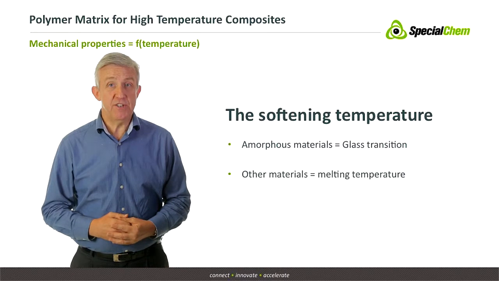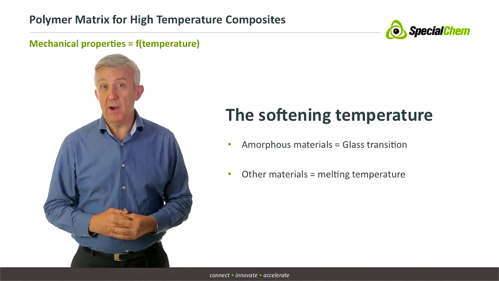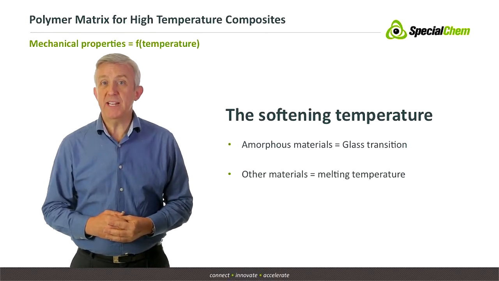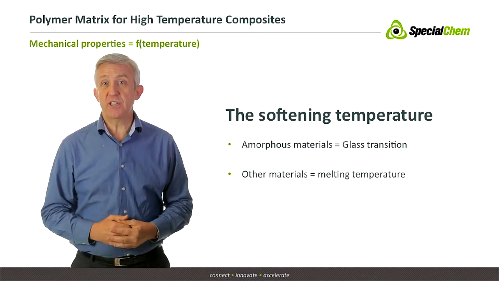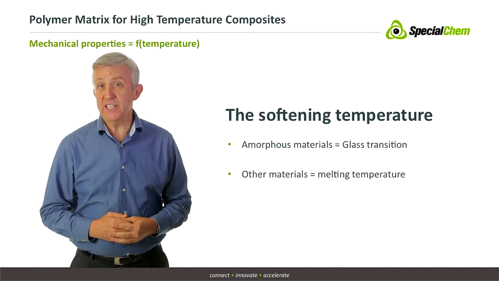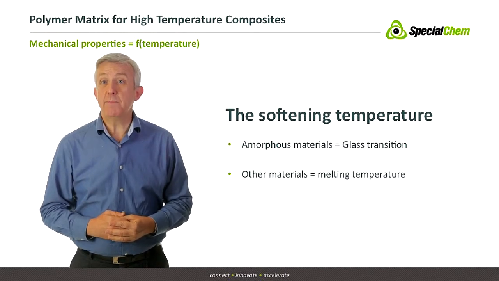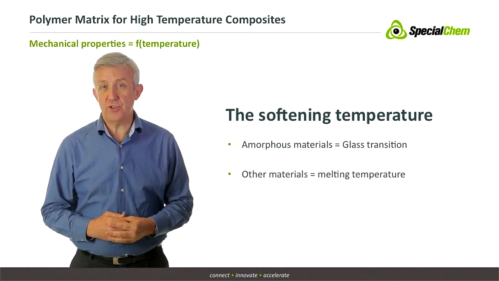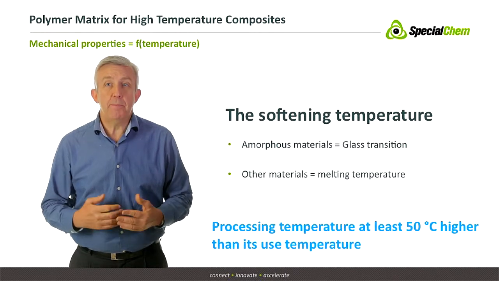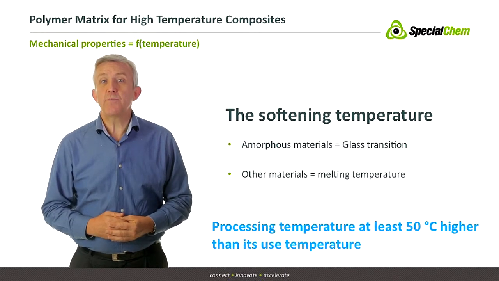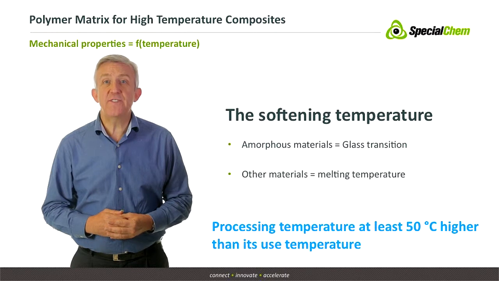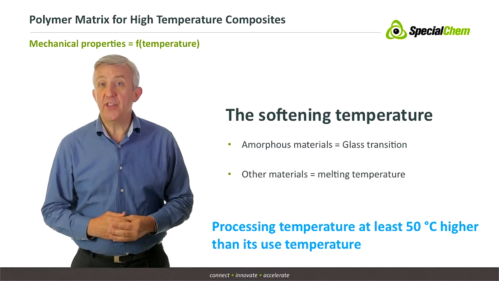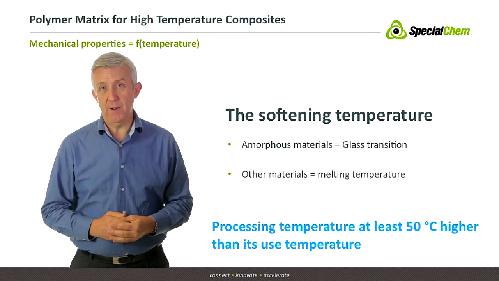In amorphous materials like polyether imide, the softening temperature means the glass transition temperature. In matrix materials like polyether ether ketone, the softening temperature means the melting temperature of the matrix material. The matrix you choose should have a processing temperature at least 50 degrees Celsius higher than its service or use temperature.